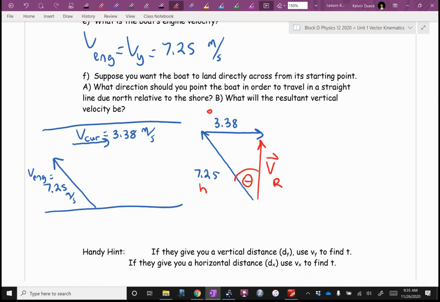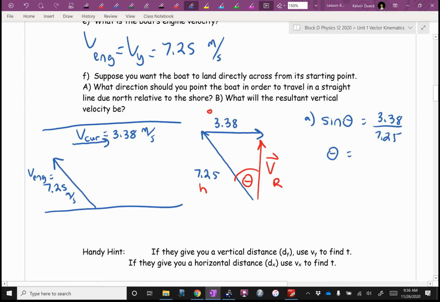And that's why I said it'll usually be tangent for a more simple, straightforward question. But here, which trig function will I use to find theta? Sine. Okay. So I'll go sine theta equals 3.38 over 7.25. How do I find the angle? Second function sine or shift sine. Technically it's called inverse sine or arc sine, but whatever.